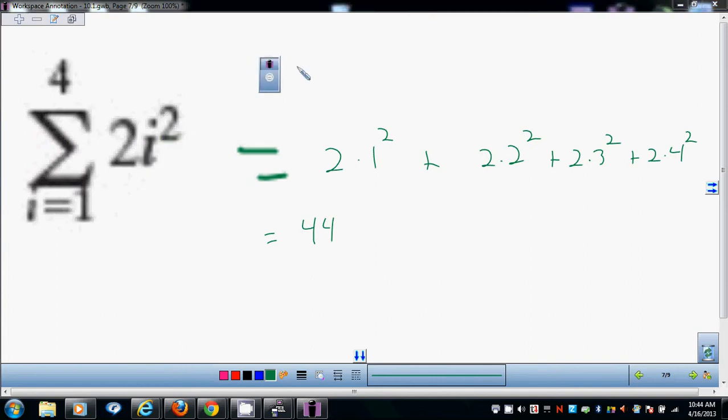Questions about where that came from, how we got it, anything like that. Did you go one too far? Did you multiply before you squared on any of them? No. Well, let's see. Did you get 2 for your first number?